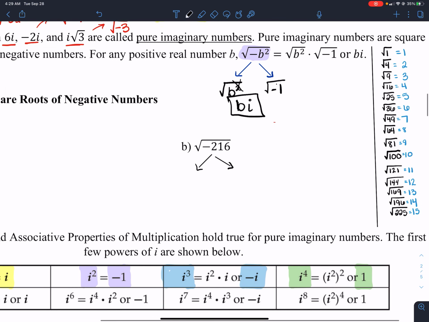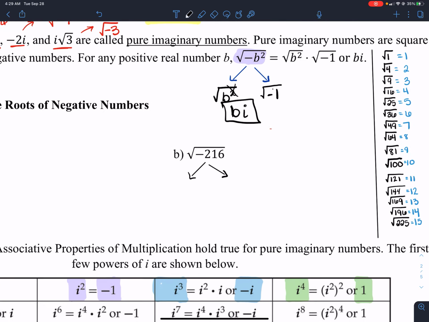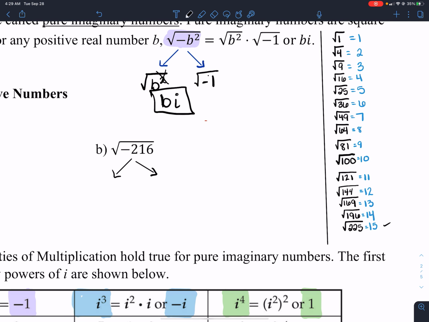Okay, for B, when we're looking at B, you have to know your perfect squares. You kind of got to be able to look at them and say, how can I break that apart? Because 216 is not a perfect square. 15 squared is 225, 14 squared is 196. So we've got to see how we can break this up. What can this be divided by?